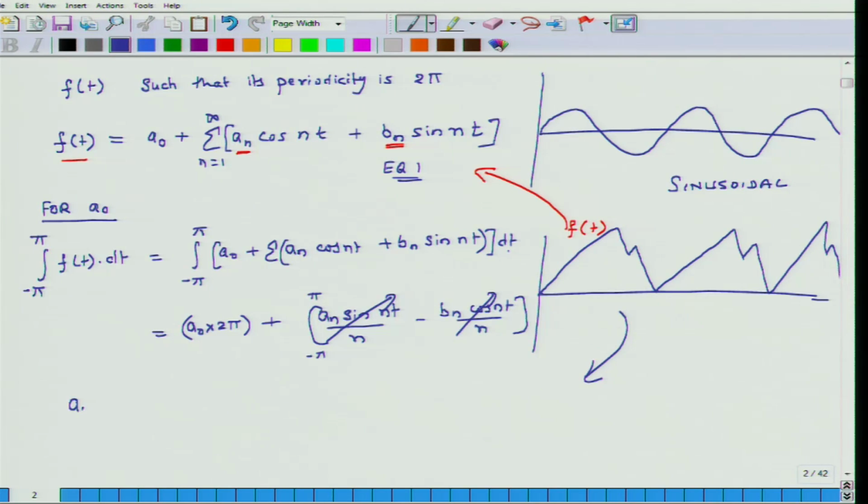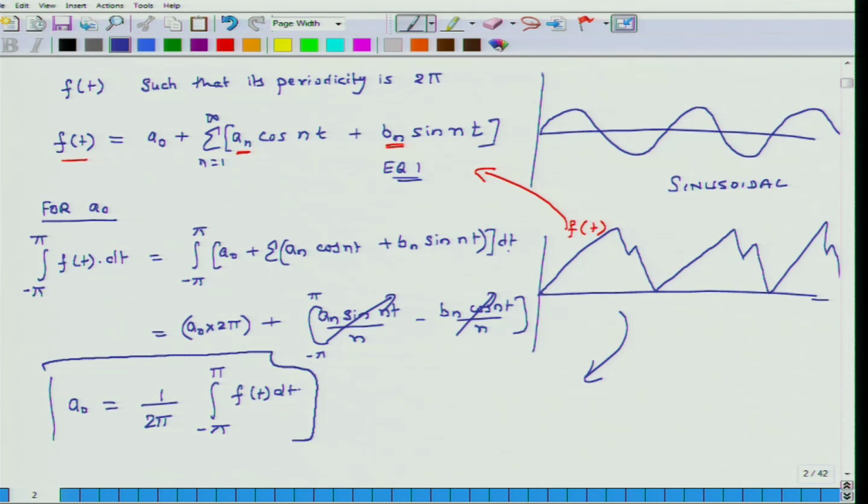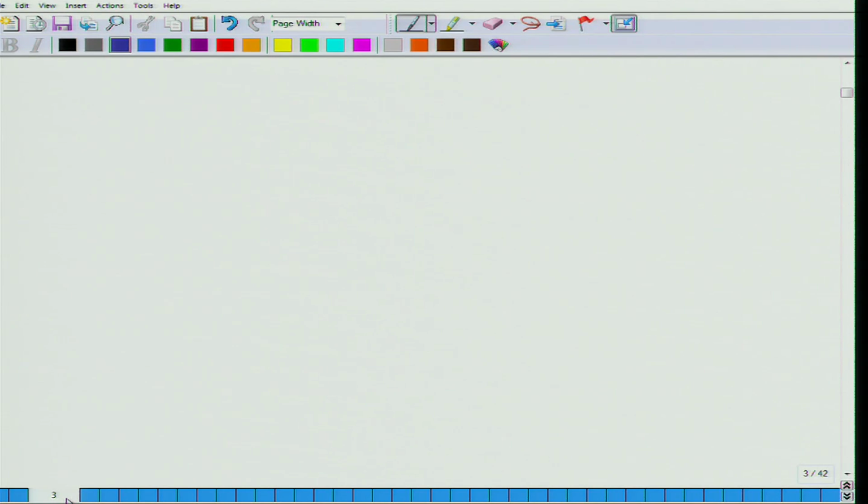So a0 equals 1 over 2 pi integral of minus pi to pi f(t) dt. This is one. Next, we will compute the value of an.